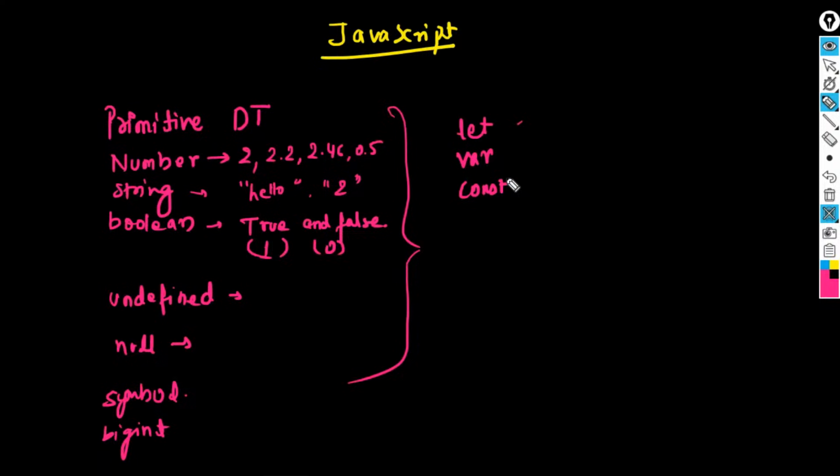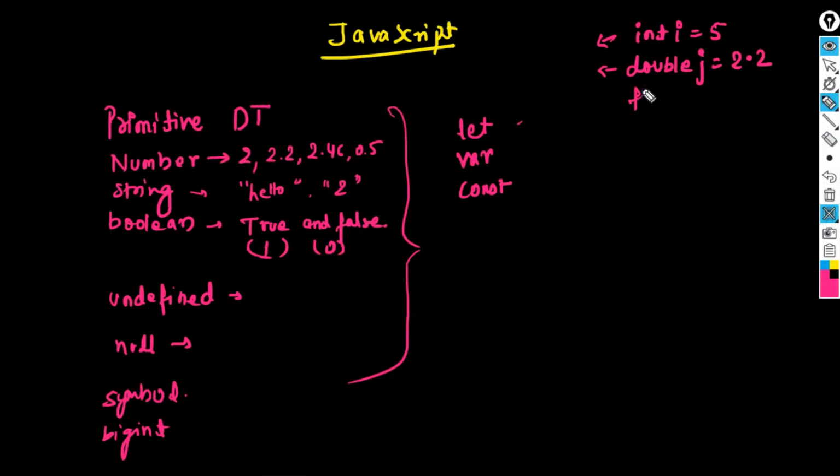If you have learned another language, you have seen that they use int, like int i = 5, or double j = 2.2. Int represents whole numbers. Double represents decimal values.